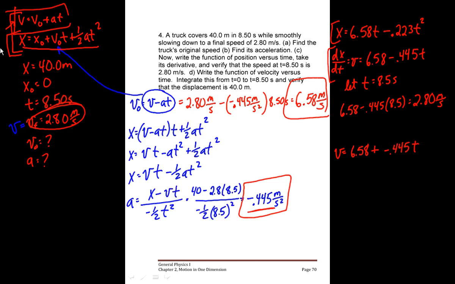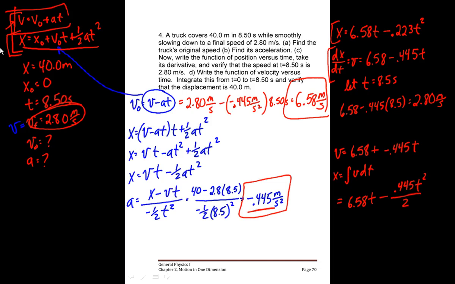I want to integrate it, and I'm going to get the displacement. So remember, x is the integral of v dt. So I'm going to take the integral of v dt: 6.58t minus 0.445 t squared over 2.